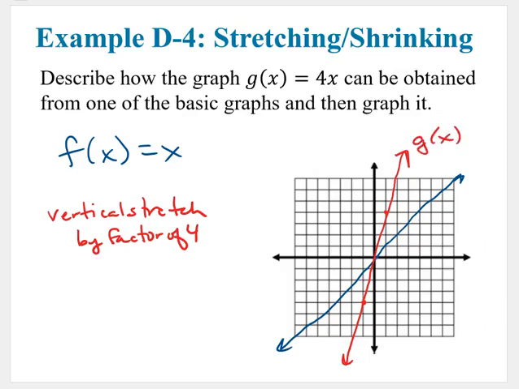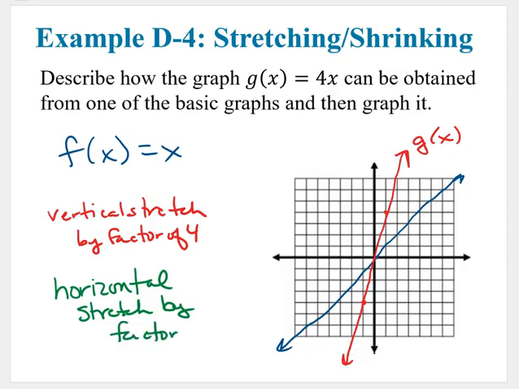Now notice, if you wanted to, you could treat that as a horizontal change, as if it was inside, which it kind of is, because the 4 is being multiplied by the x. So you could think of it as being on the inside of that function as well. So that would be a horizontal stretch, and because that number is 4 and we're doing horizontal, that means we're going to do a horizontal stretch by factor of 1/4.